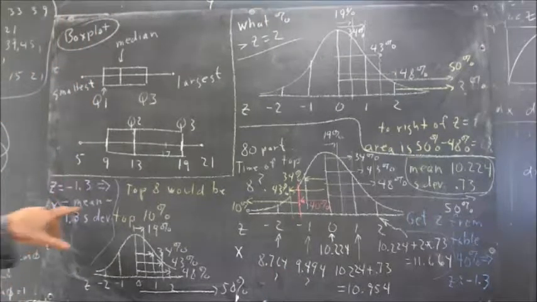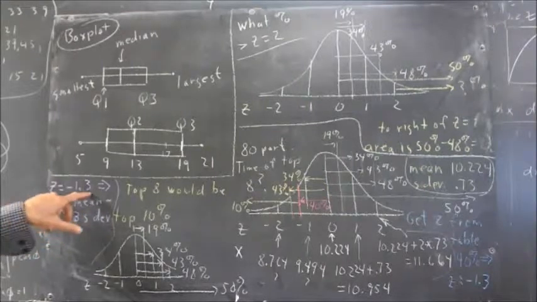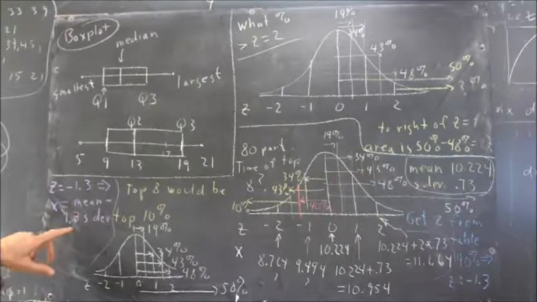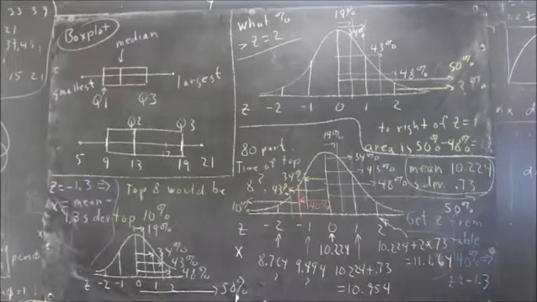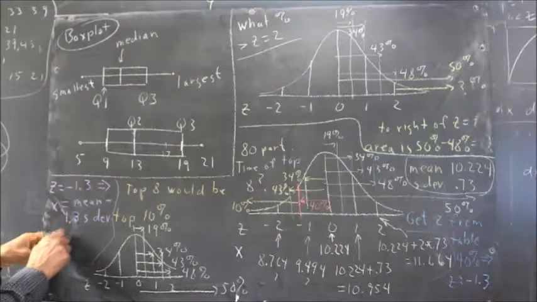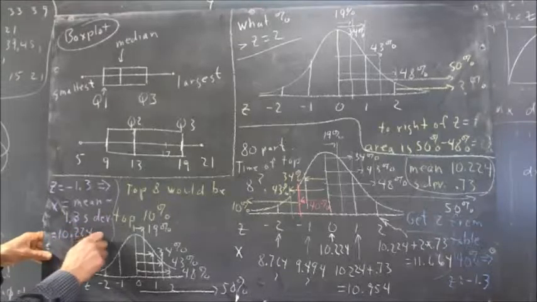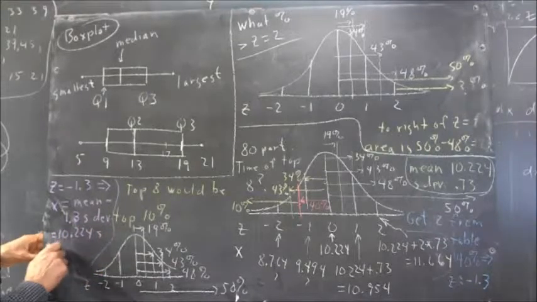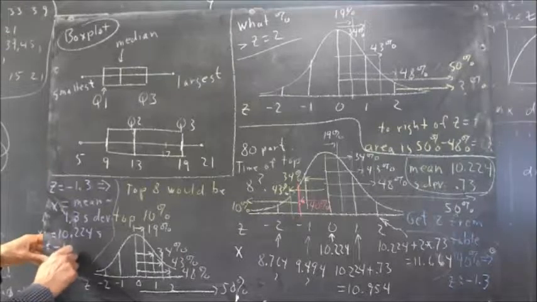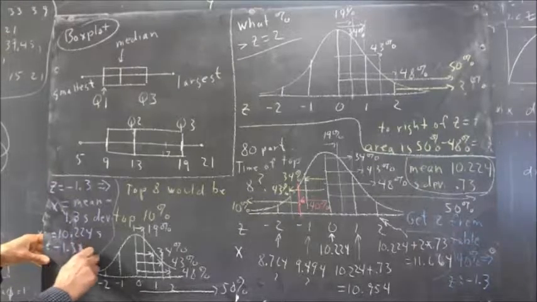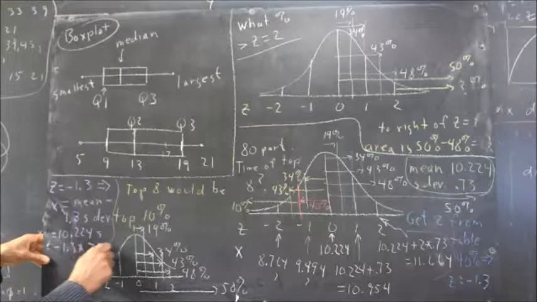But let's calculate it. Z equals negative 1.3 means the mean minus 1.3 standard deviations. So that's going to be 10.224 seconds minus 1.3 times 0.73 seconds.